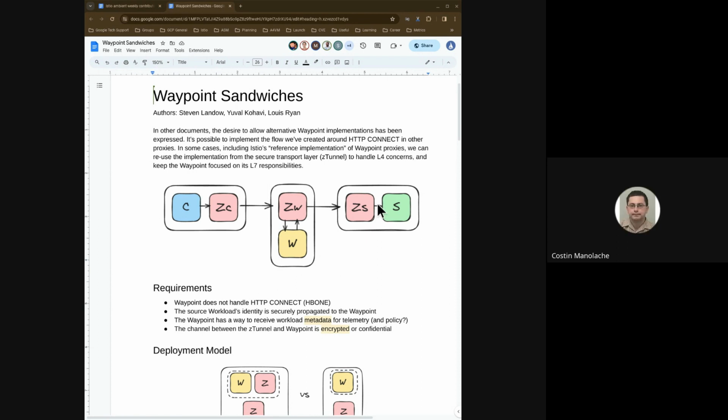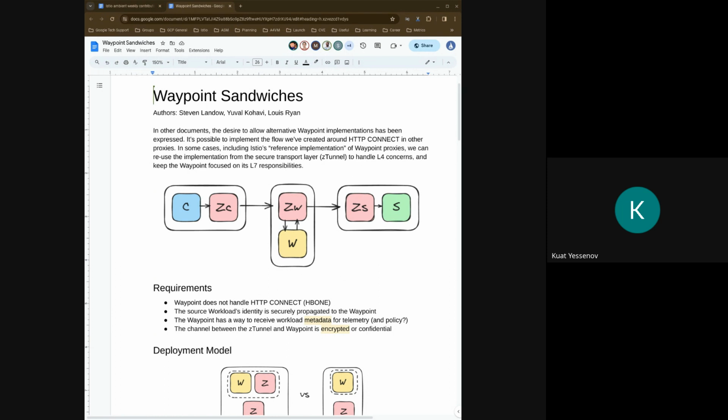So the Z-tunnel waypoint verifies the identity of the server, and the client verifies the identity of the waypoint and Z-tunnel waypoint. Well, let me just walk you through. If I send a message from waypoint to server, I would want to say things like, the server is the identity that it was supposed to be.